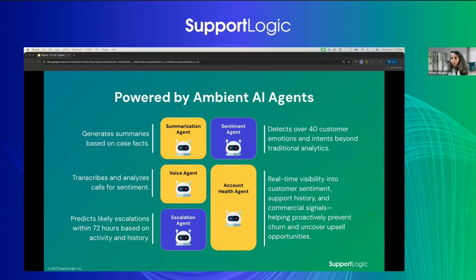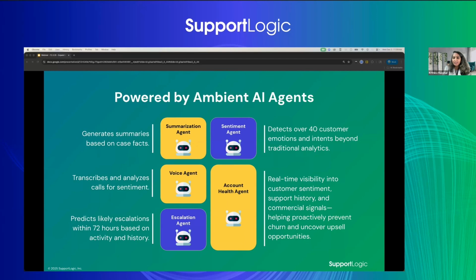Right. The Expand module is powered by 5 AI agents. We'll be double clicking on a couple of these today. At a high level, I'll walk you through the 5. The first one is a sentiment agent. Again, this is something that you're probably familiar with in the context of other modules as well, where we are able to detect 40 plus sentiments and intents across the case conversations.